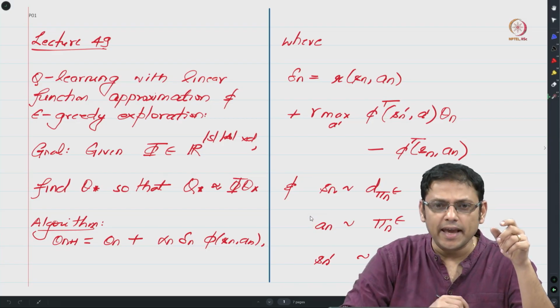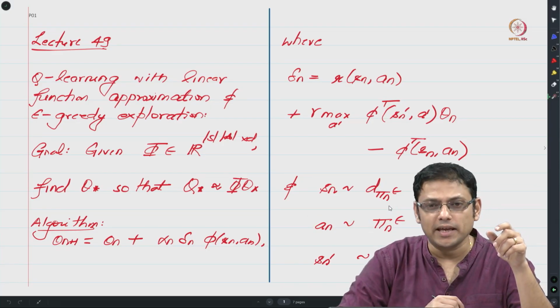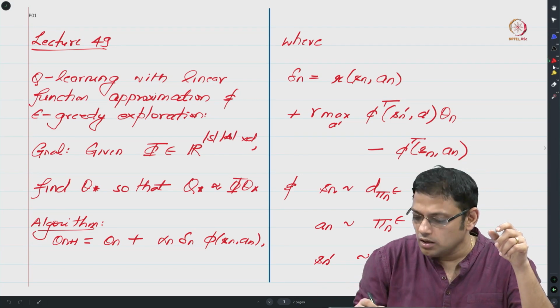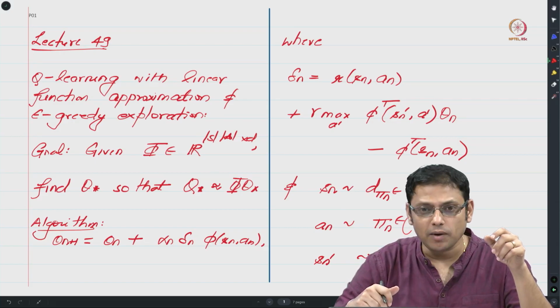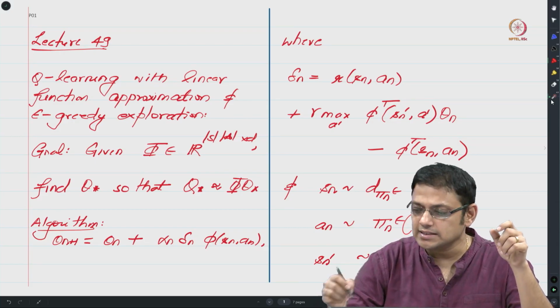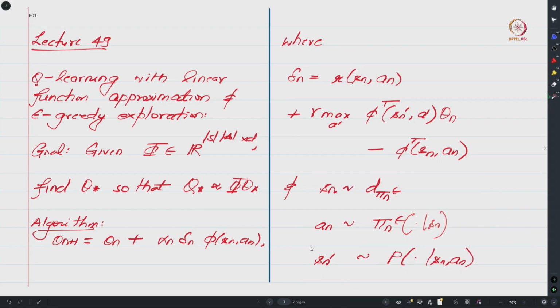And An is to be chosen according to this pi n epsilon policy conditioned on Sn, and this Sn prime is sampled according to your transition kernel. Okay, so Sn is chosen according to your stationary distribution associated with your pi n epsilon policy, An is chosen according to your pi n epsilon conditioned on Sn, and Sn prime is sampled from your transition kernel given the current state is Sn and the current action is An, right?